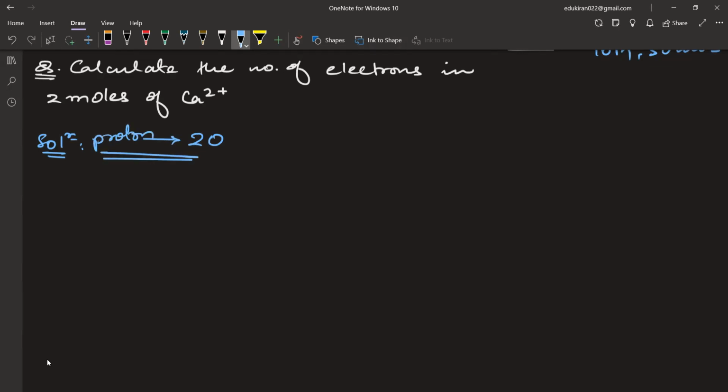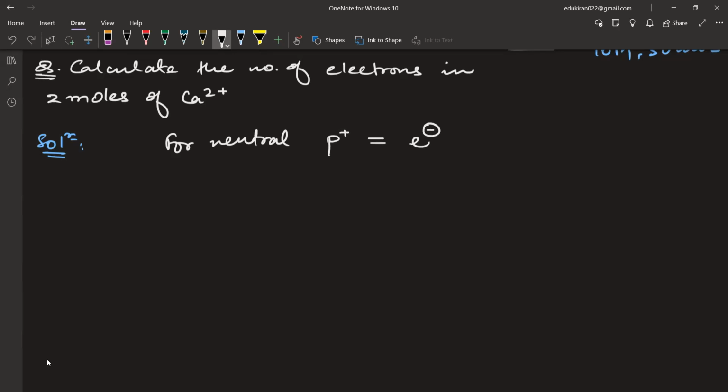Now, whenever you have a neutral substance, a neutral molecule or neutral atom, not an ion, because an ion will always be something charged. For anything neutral, the number of protons is equal to the number of electrons.